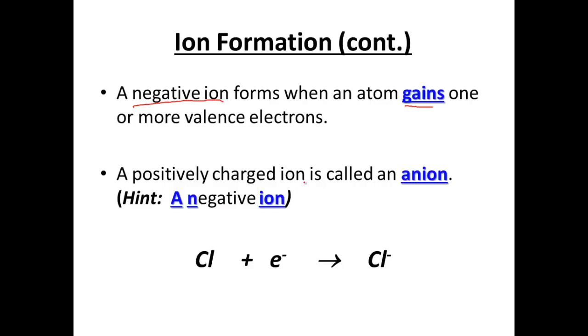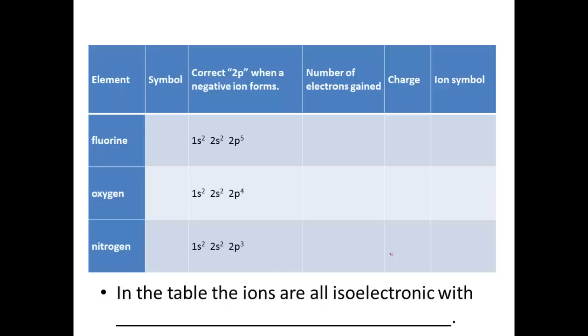Our hint for remembering anions, please write this one down: anion, a negative ion would come together to make the word anion. So if an element like chlorine was to gain an electron, it would be Cl with a negative overall charge, that superscript written up there, saying that chlorine has now gained an electron.